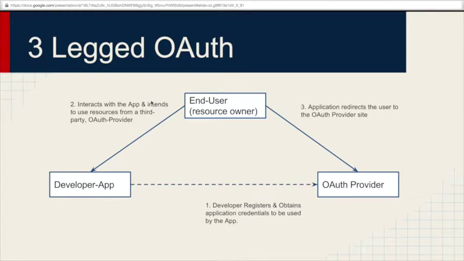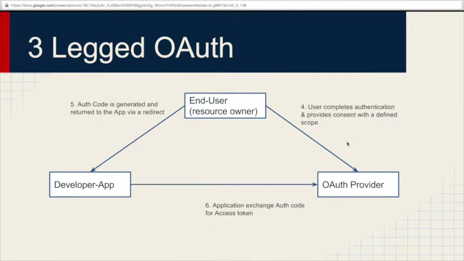Then when the actual runtime starts with the application, the end user intends to share their resource with the app, and the app redirects the user to the OAuth provider, as you can see in step number 3 of the diagram. Then the end user completes the authentication process because the OAuth provider needs to know if the end user is who he claims to be.